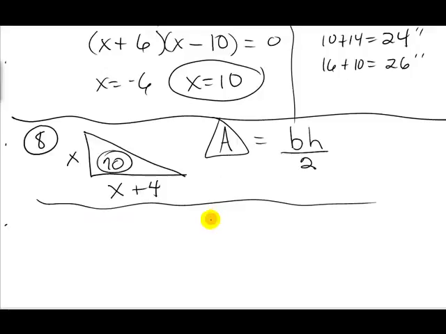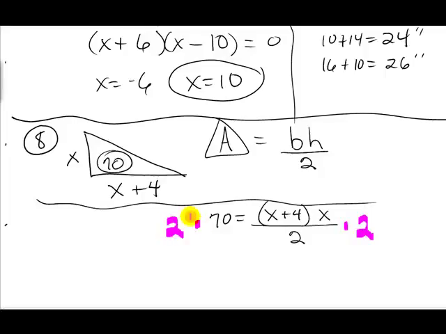So our area is 70. The base is x plus 4. The height is x. And we're going to divide all of that by 2. Now to start this, the easiest way to get rid of this 2 is to multiply both sides by the 2. That way it cancels here.